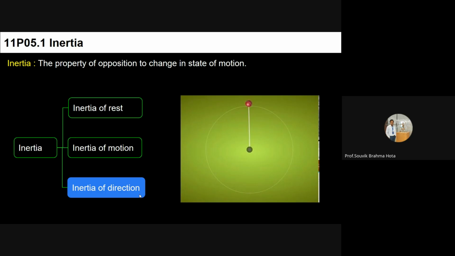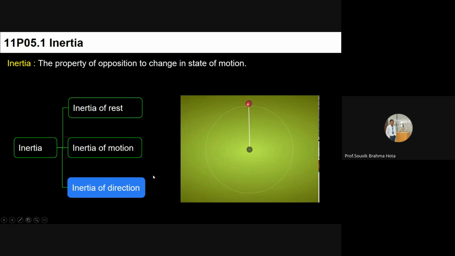Because the lower part suddenly gets stopped when the bus brakes, so it is in the rest position, but your upper part, due to the inertia of motion, will not come into the rest position. That is why it bends forward, so you will fall in the forward direction.